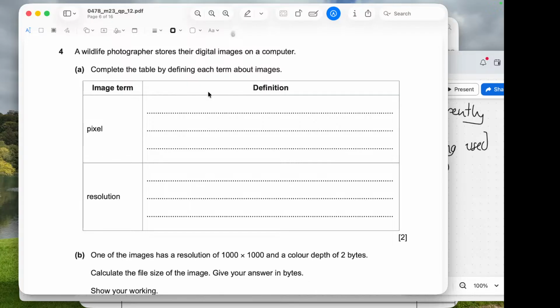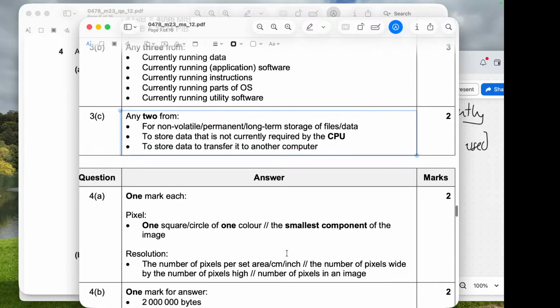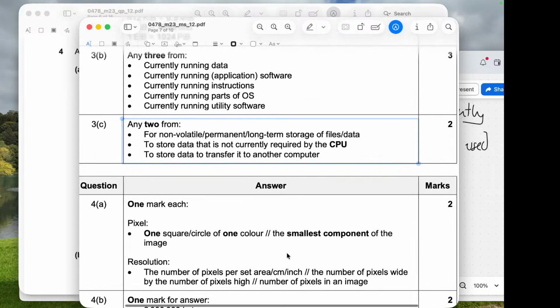So a pixel is basically the smallest component of an image. That's probably the best definition, the smallest component of an image, and the resolution is basically the number of pixels in an image. So let's look at the mark scheme. They've got a pixel is one square of colour, or you could say, so the double slash means or, you could say the smallest component of an image.